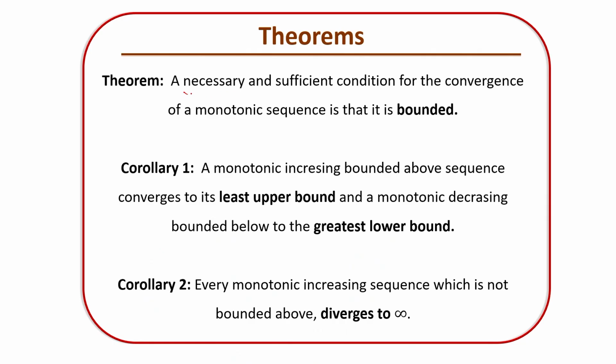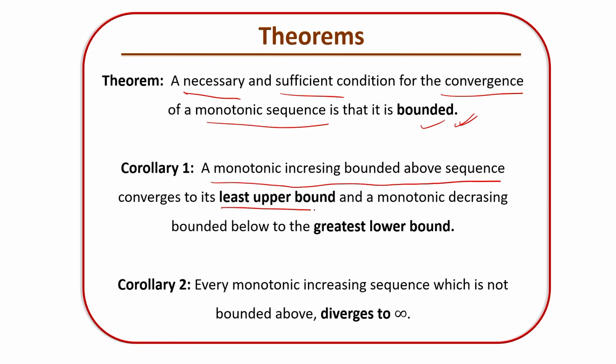We had already proved that, right. So what will be the corollary? A monotonic increasing sequence that is bounded above converges to its least upper bound, that means its supremum, and a monotonic decreasing sequence bounded below converges to its greatest lower bound, that means its infimum.